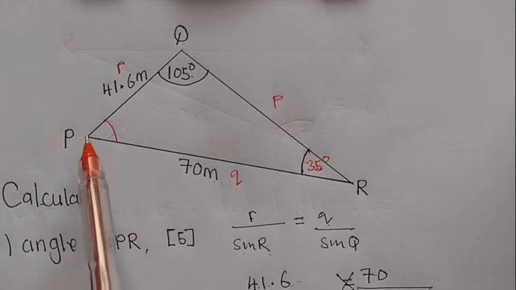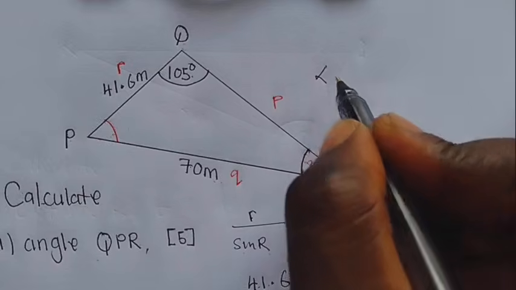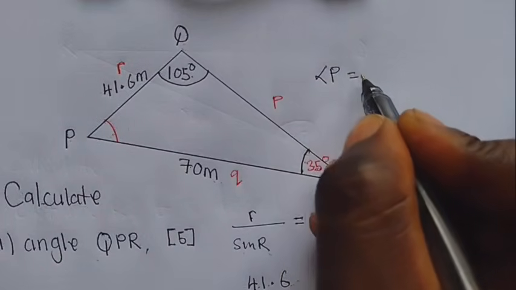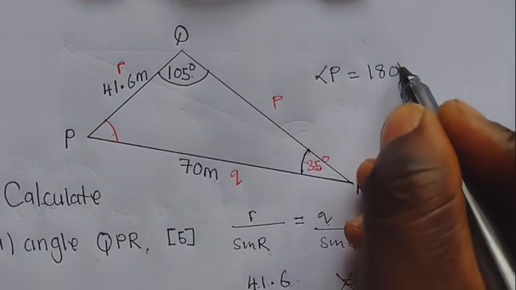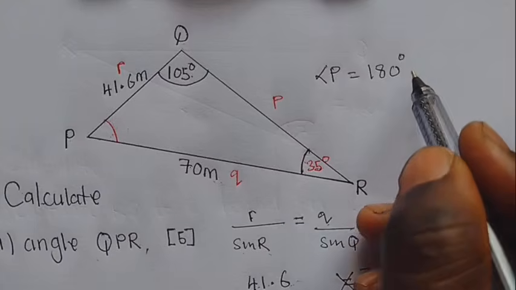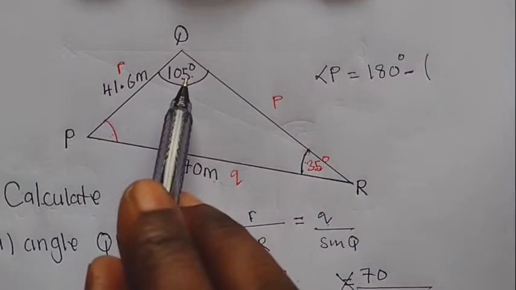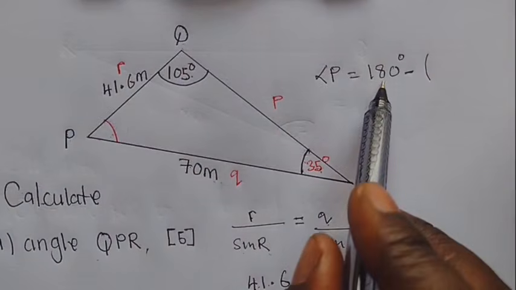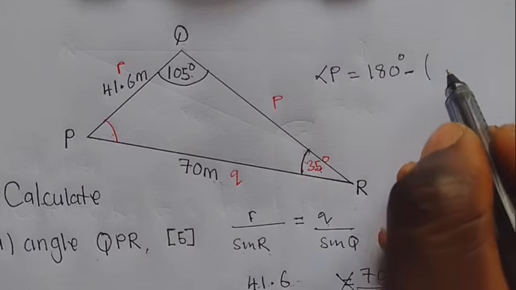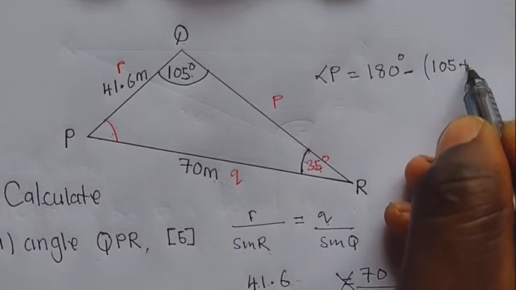So to find the angle at P, we say angle P is equal to 180 degrees, the sum of the angles inside the triangle, minus the sum of these two angles. The remaining value is the angle at P.